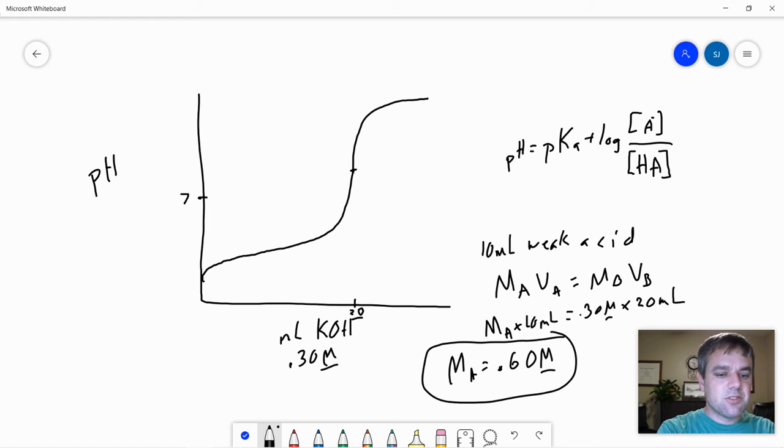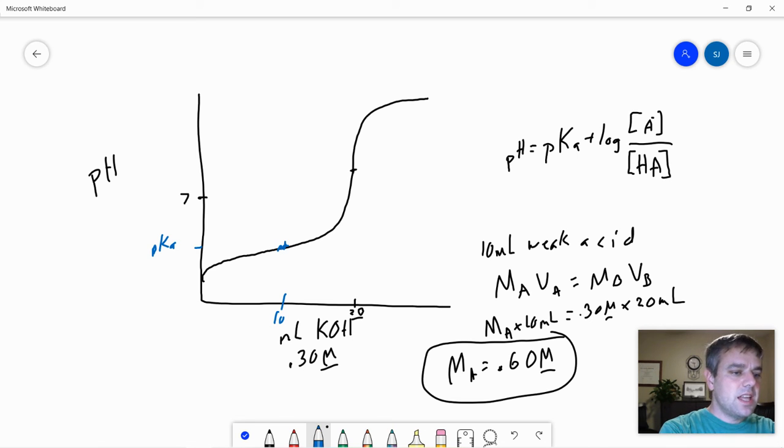So this is how you could actually find the molarity of an acid or base using a titration. Also, I do want to point out one more feature here, that if the equivalence point took place at 20 milliliters, then at 10 milliliters, right there, our pH would equal the pKa.